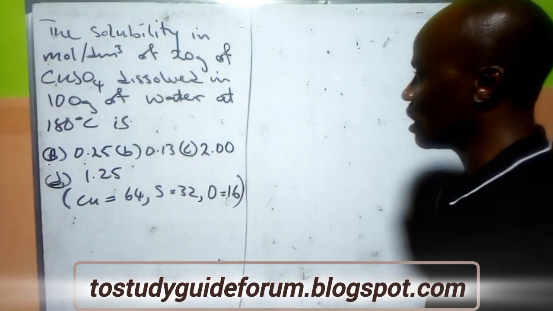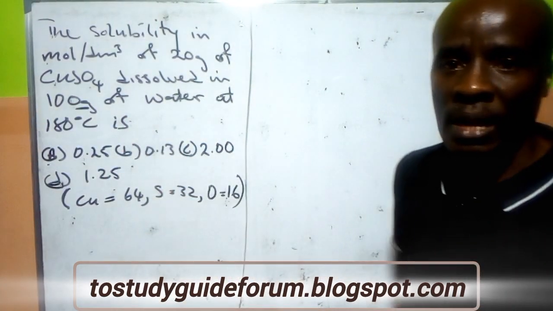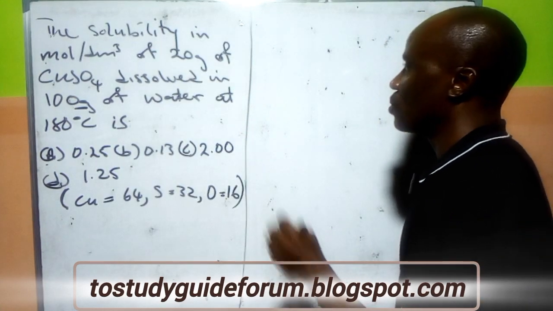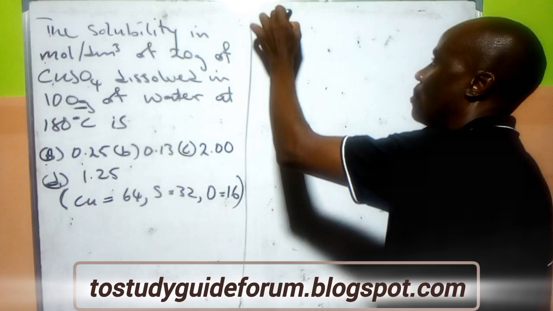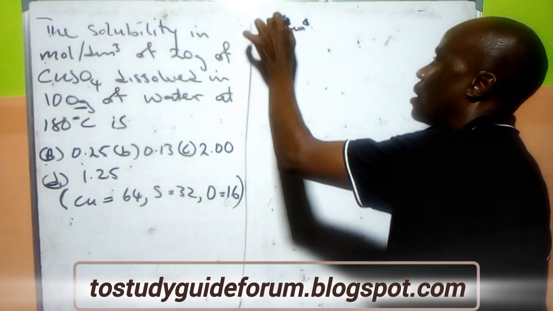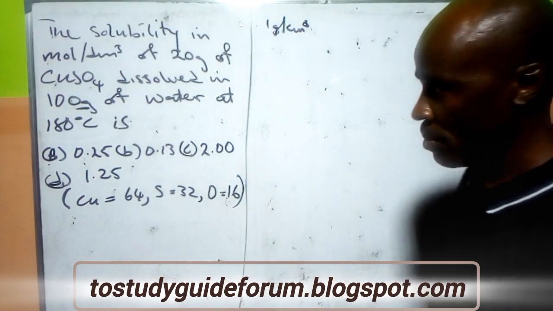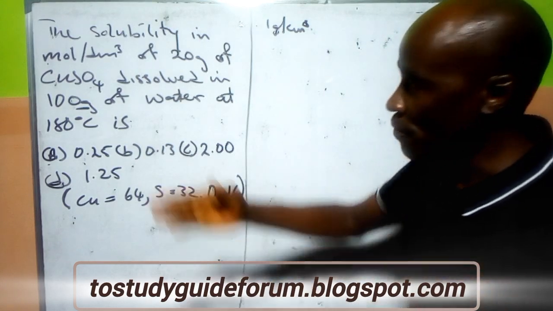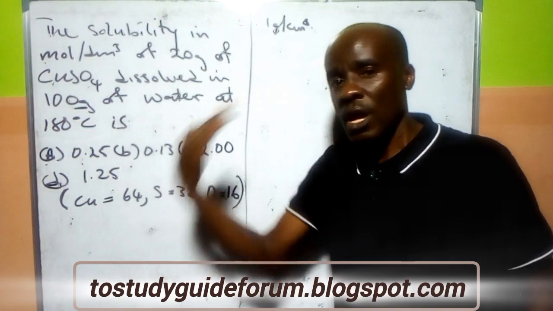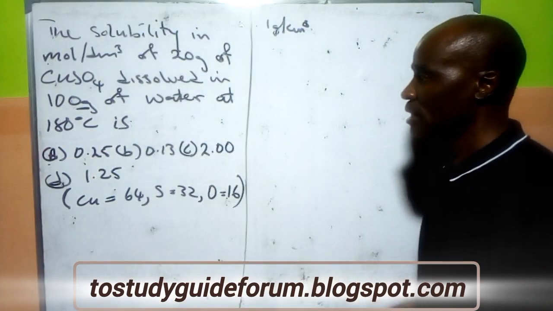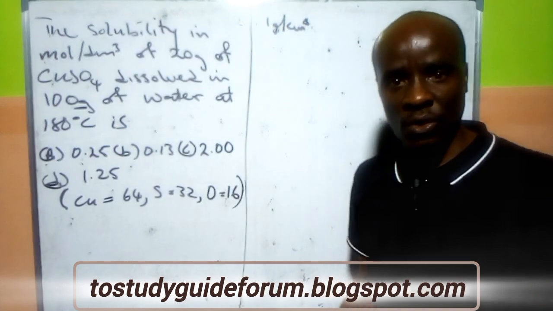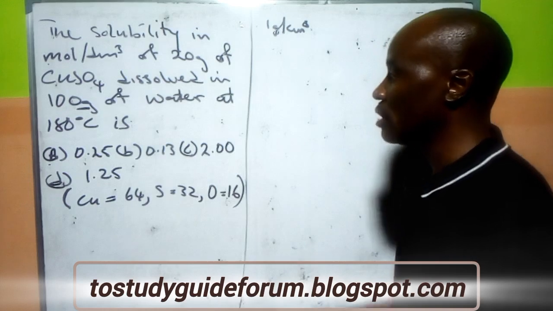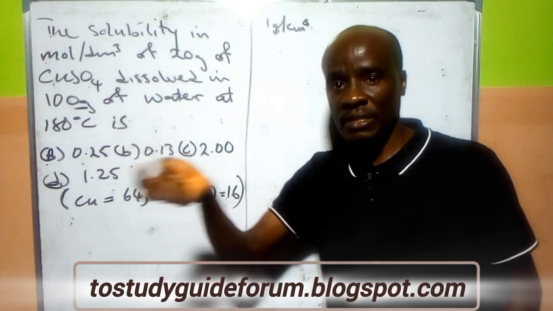So what are we going to do with the information given to us? Water here is in grams, and we know that the density of water is 1 gram per cm cube. So if we are to convert this to volume, because we look at the volume of the solvent that's dissolving, although we can still work it another way using 100 and 1000, we go by volume.